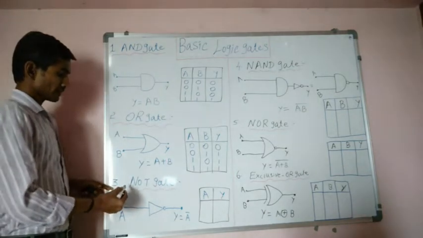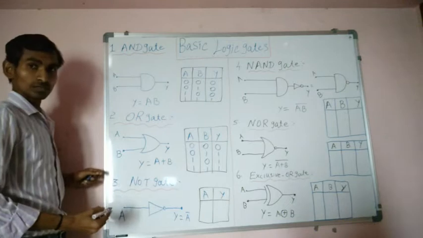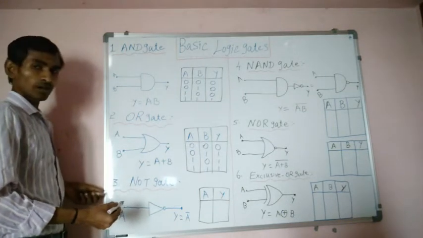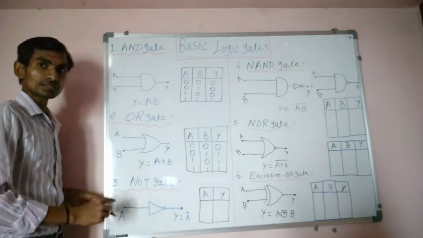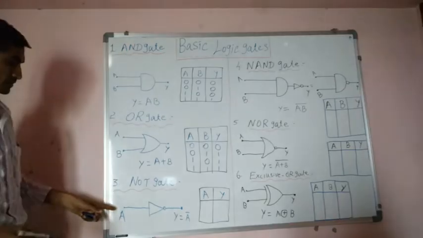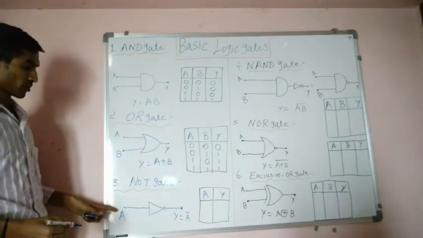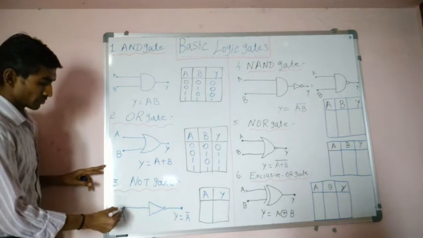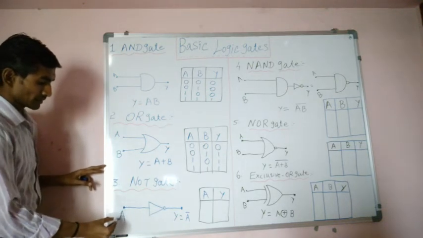So next one, NOT gate. The NOT gate is used to find the complement of a single variable. This is a basic NOT gate. Here we are going to use a single input.